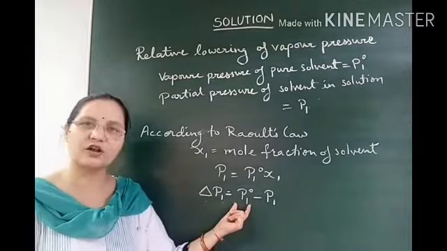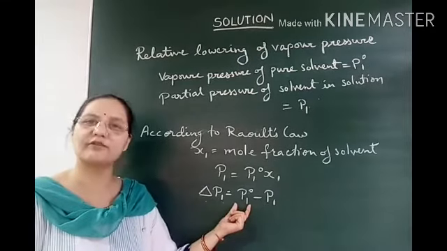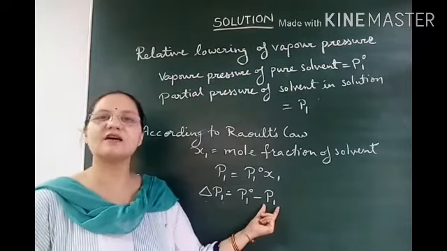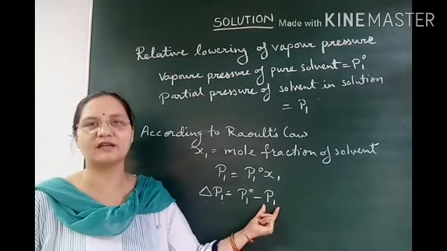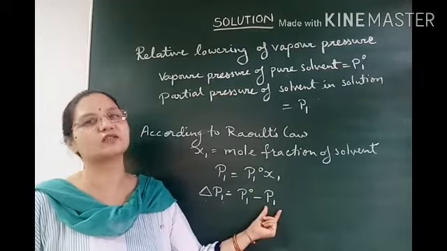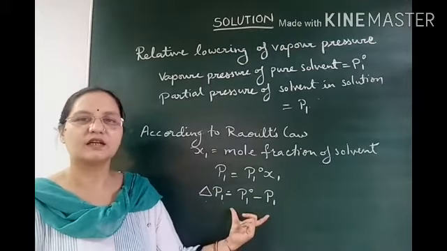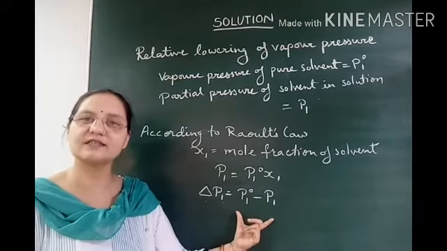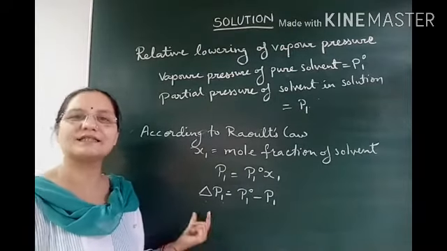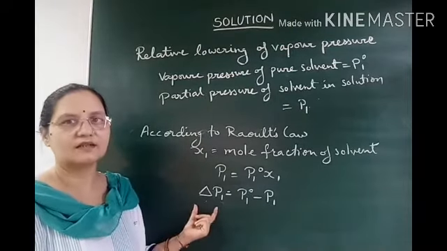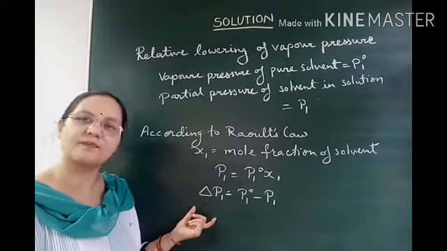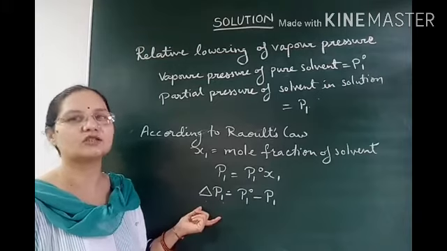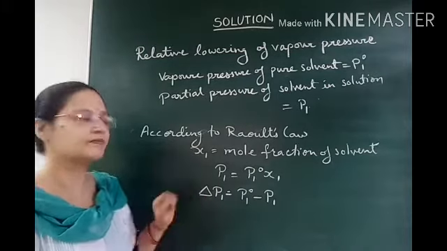P1 naught is the pure solvent before forming the solution, and P1 is the partial pressure of solvent after forming the solution. So the difference between the before and after states of the solvent is delta P1, the difference in vapor pressure before and after adding the non-volatile solute.